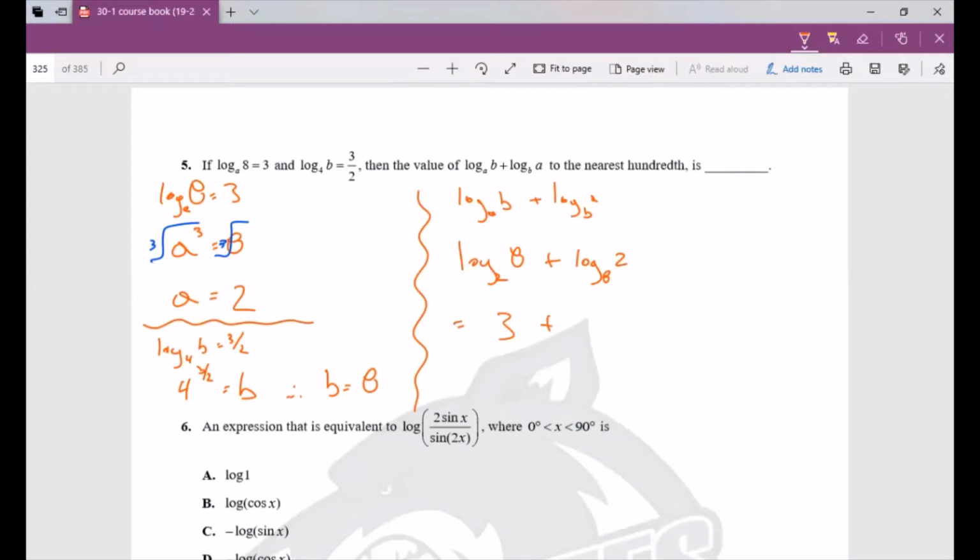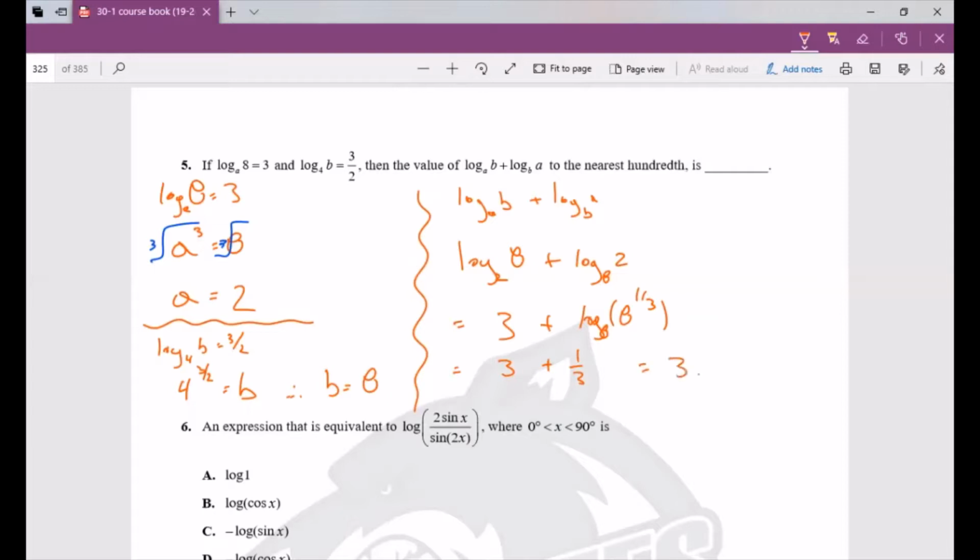Well, we know that 2 is the cube root of 8. So we could call this logarithm of 8 to the 1/3. Here's your cube root, which makes it 2. And so this ends up being equal to 3 plus 1/3 times log 8 base 8.